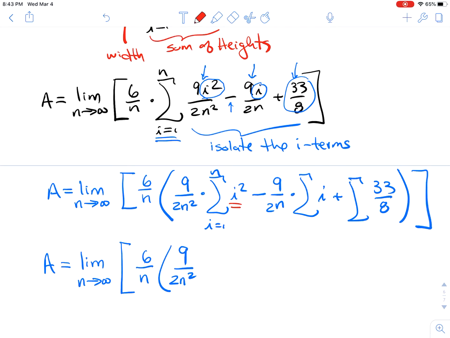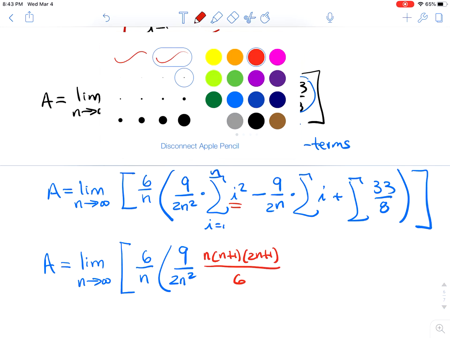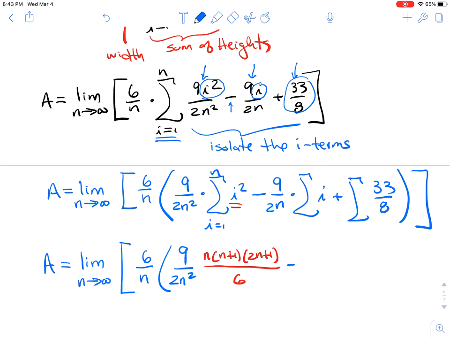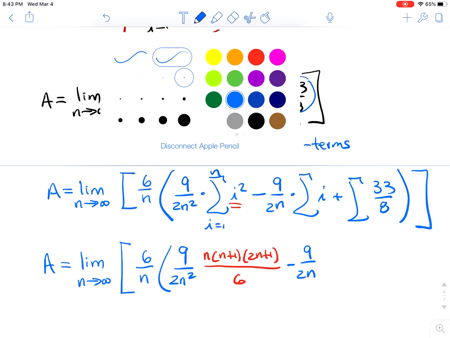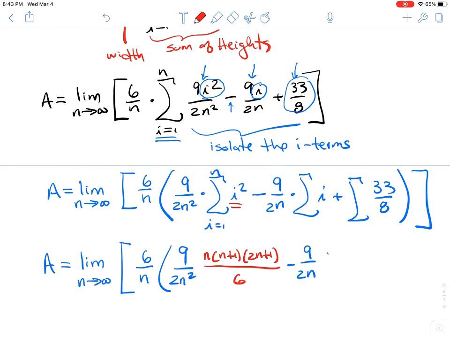Now the i squared I'm going to replace with its summation formula. So that is n times n plus 1 times 2n plus 1 over 6. The i is replaced by n times n plus 1 over 2.